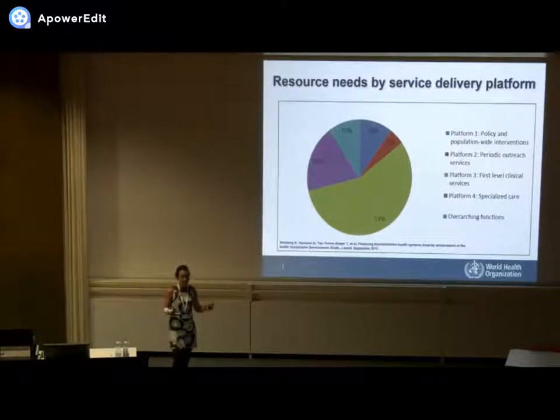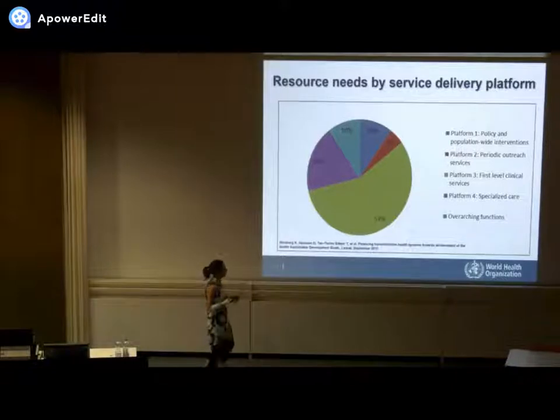So we can actually achieve a lot by population interventions or behavior change interventions without having to spend that much resources in terms of the impact. But the majority of preventive and curative care in our model was modeled to be delivered through first-level clinical services.